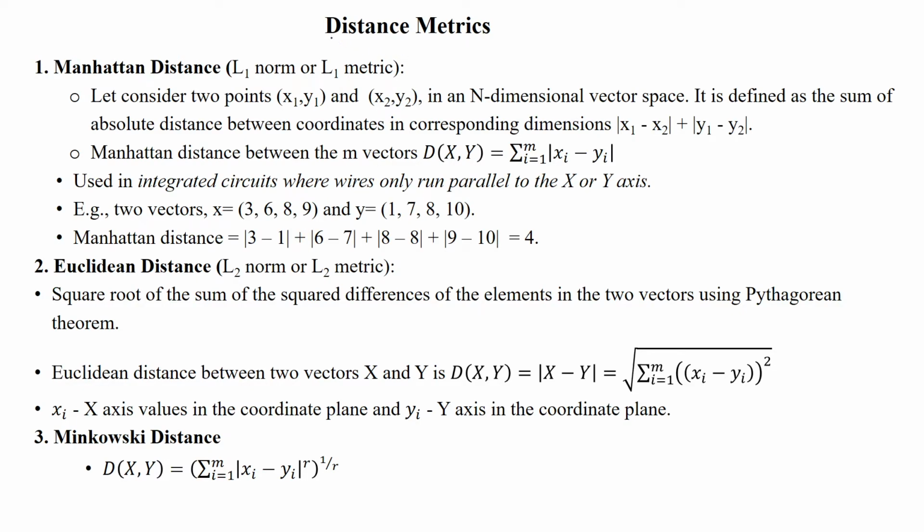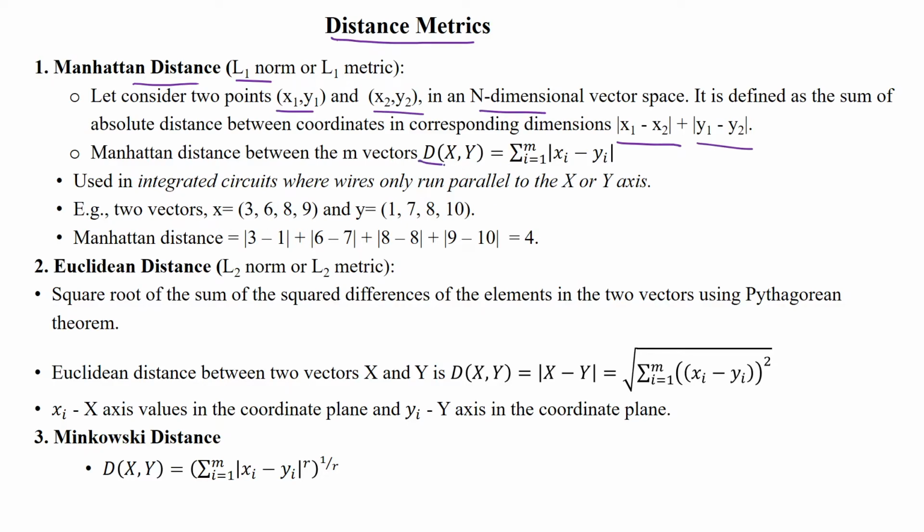Here we have to use a distance metric. The Manhattan distance metric, which has another name, L1 norm. Here we take two points, x1 comma y1 and x2 comma y2, in an n-dimensional vector space. Then we apply the Manhattan distance: mod x1 minus x2 plus mod y1 minus y2.